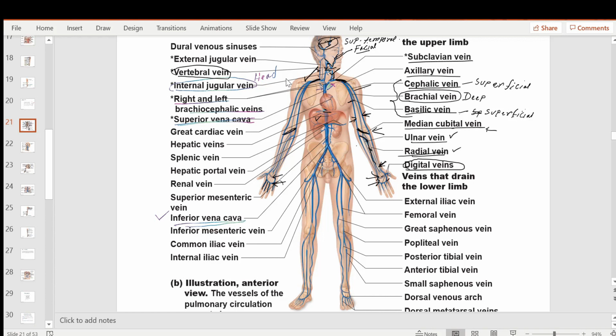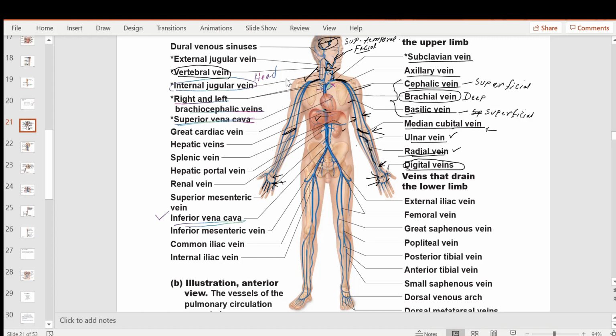Hepatic veins bring the blood into the inferior vena cava. From the diaphragm, the phrenic vein brings the blood into the inferior vena cava. From the kidneys, renal veins bring the blood into the inferior vena cava. From the suprarenal glands or adrenal glands, also the tributaries bring the blood into the inferior vena cava.